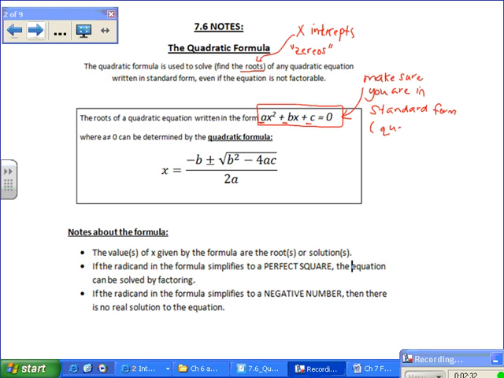Make sure your quadratic equation is written in standard form, rather than factored form or just out of order standard form. Get it into proper standard form.